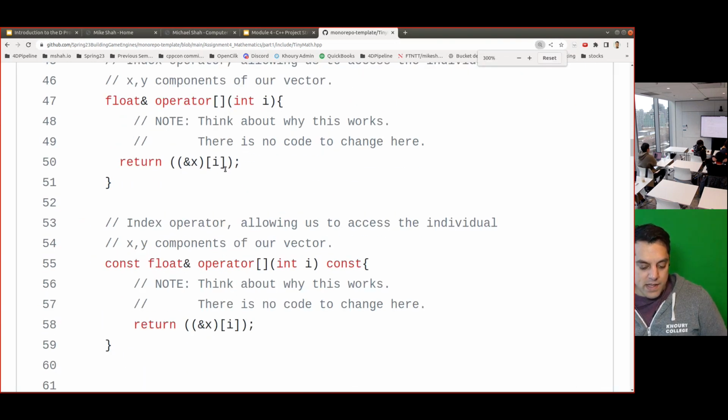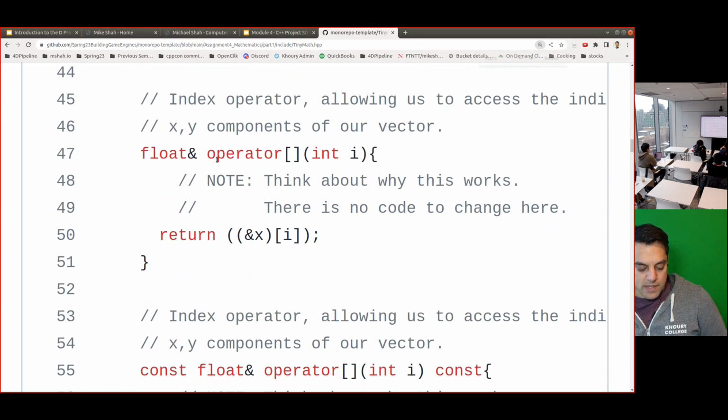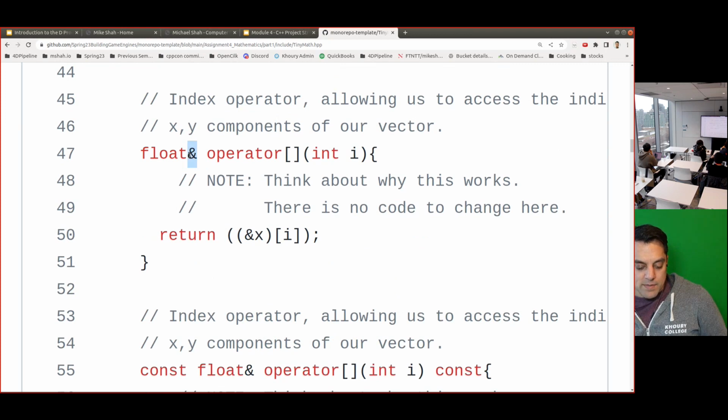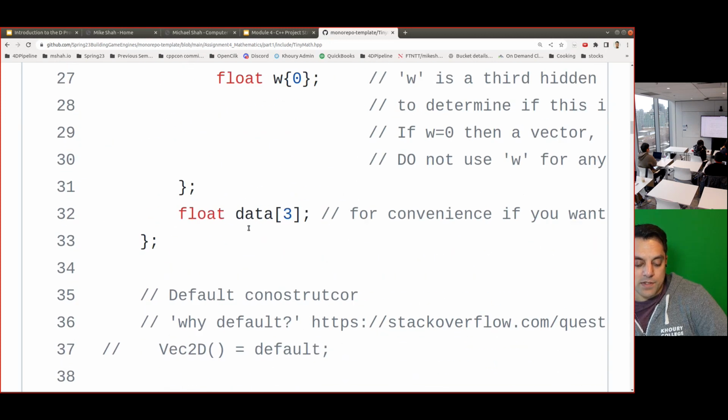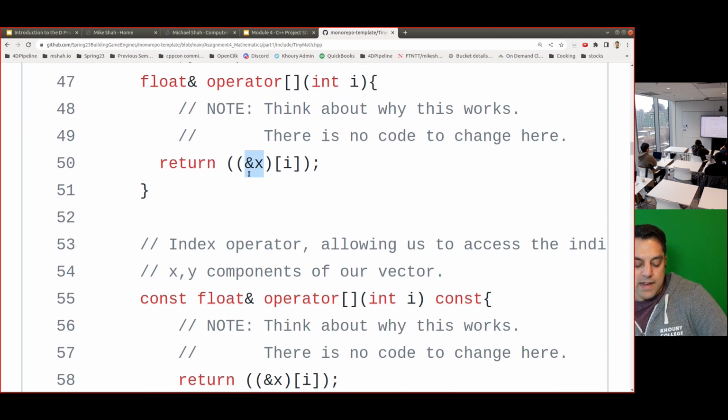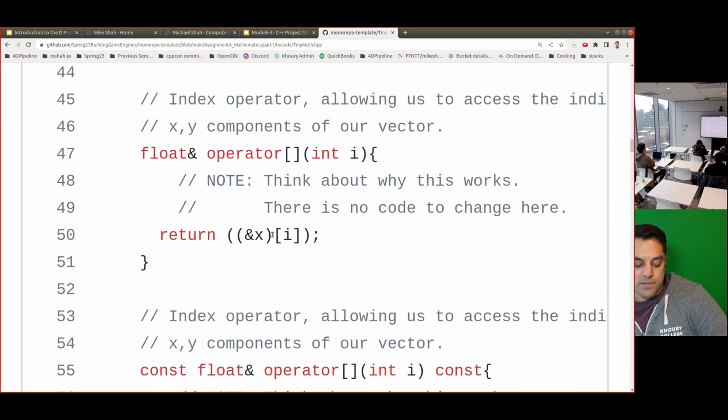In fact, you'll see this quite often. If I'm returning just a float, that's a value. But if I return with the ampersand, that's saying, hey, return some actual data type here. In this case, I'm actually returning whatever our x is, which is one of our member variables, and the actual address of this.